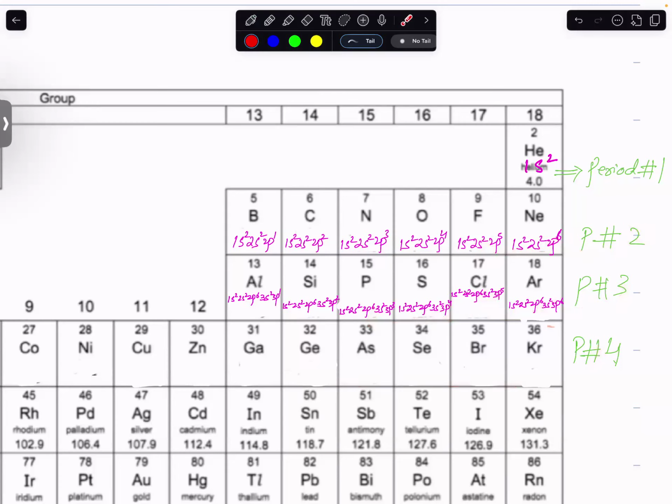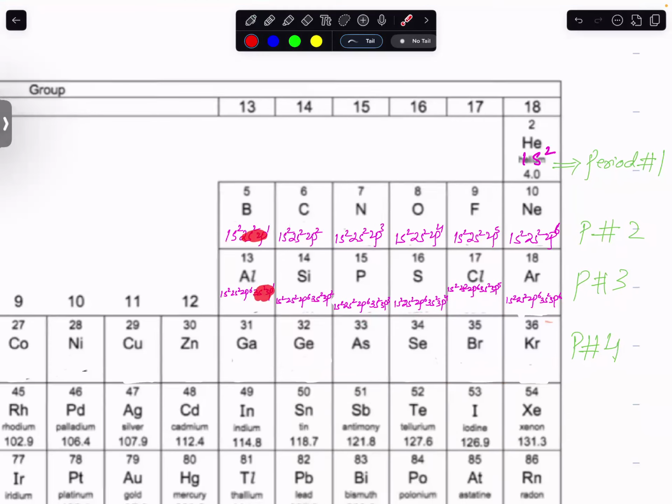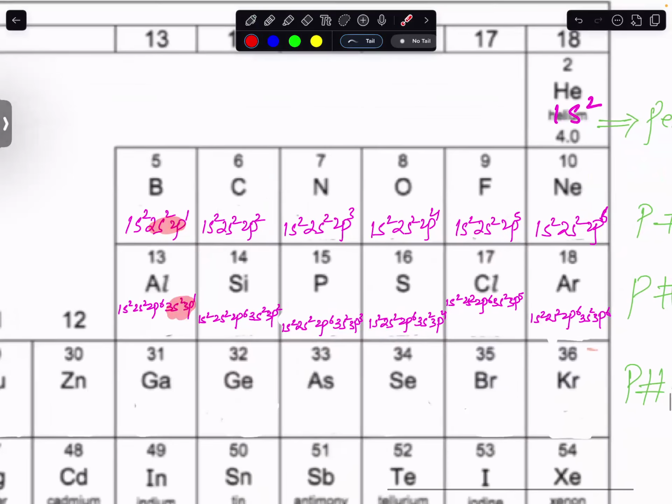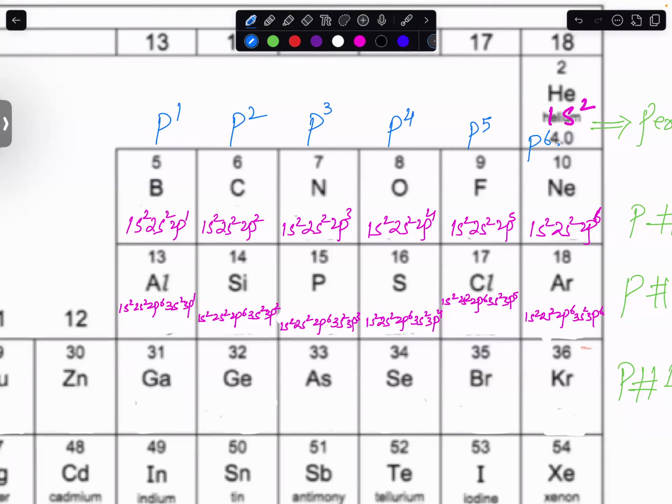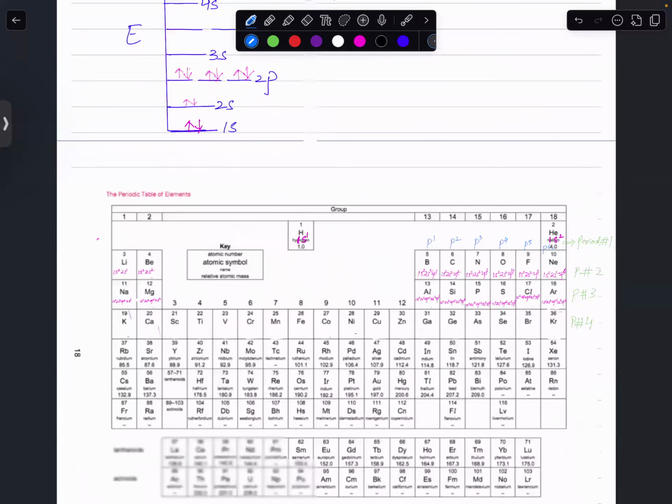So 2p1 corresponds to 3p1, the next is 2p2, 3p2, 2p3, 3p3, then 4 and 5. You know, these are called p1, p2, they all have this at the valence, p3, p4, p5, and p6. These are called this in the periodic table.